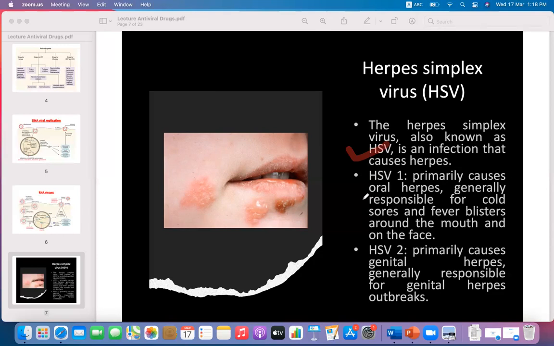Type 1 primarily causes oral herpes, generally responsible for cold sores, fevers, and blisters around the mouth and on the face. But herpes simplex virus 2 primarily causes genital herpes, generally responsible for genital herpes outbreaks.